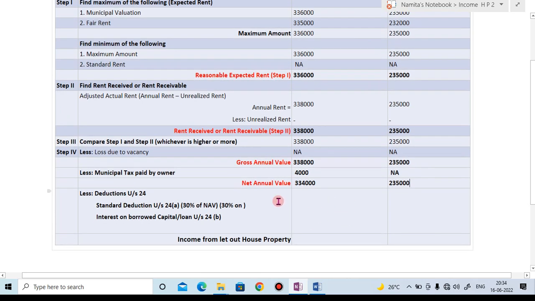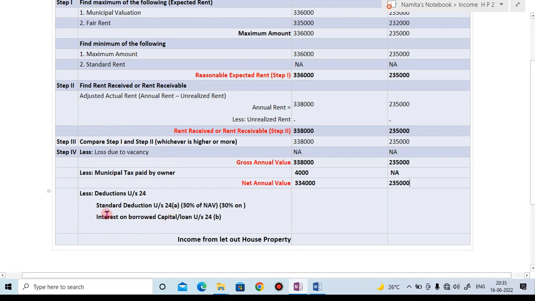Now after this, once we get the net annual value, we have to less deduction. Okay, so deduction under section 24. First deduction is what? Standard deduction under section 24. Okay, deduction we have to make under section 24.